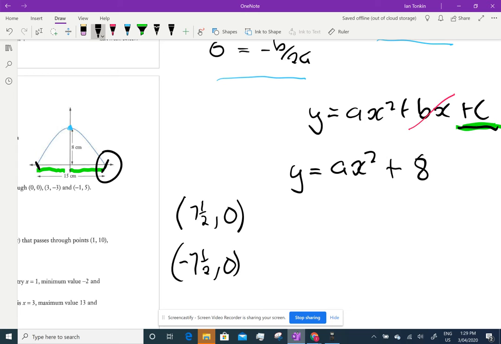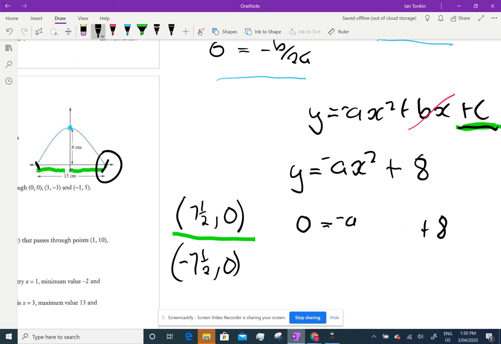So let's sub in this point into here. 0 equals 7.5 squared times a plus 8. And I'll remember this is negative a, sorry. I'm going to just write that again here.